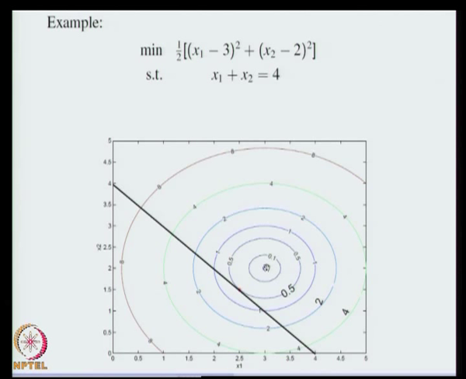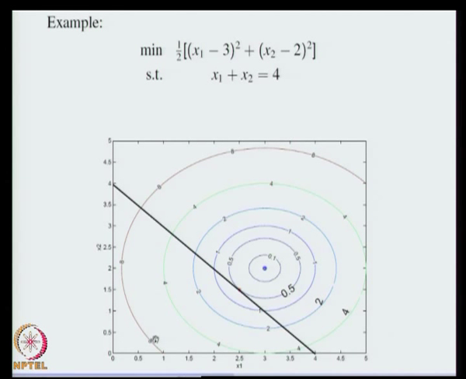This is the center of the circle, and you will see contours with different function values. This is the contour with objective function value 0.1, then this is the contour with objective function value 0.5, then 2, 4 and so on. So, as we move away from the center, the objective function value increases. For example, this is the circle with objective function value 8.